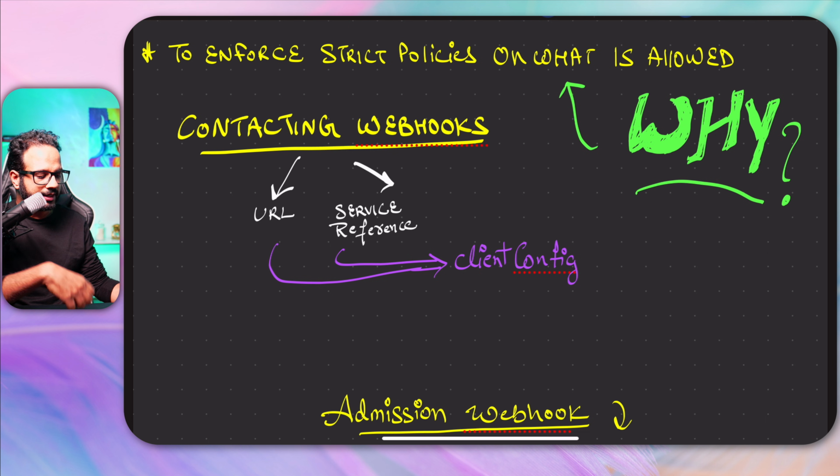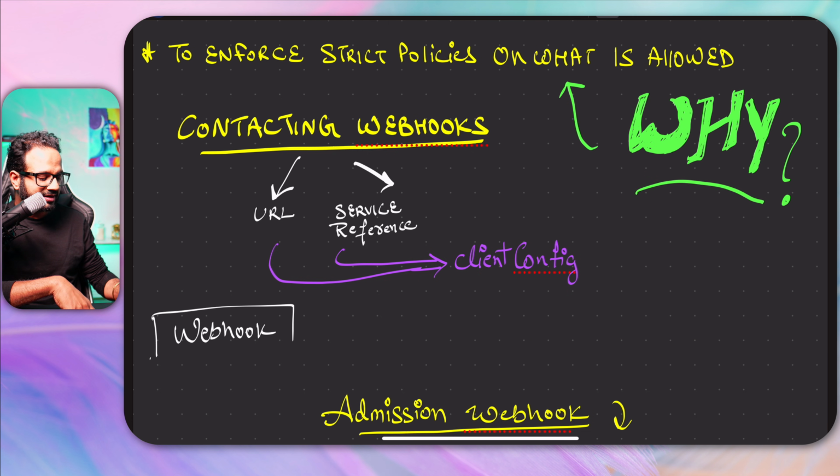Okay, now to call the webhook in the request, there are certain methods. You can pass the URL, which is nothing but the endpoint of the webhook, or you can provide the service reference. So the way you do it, let's say you create a webhook.